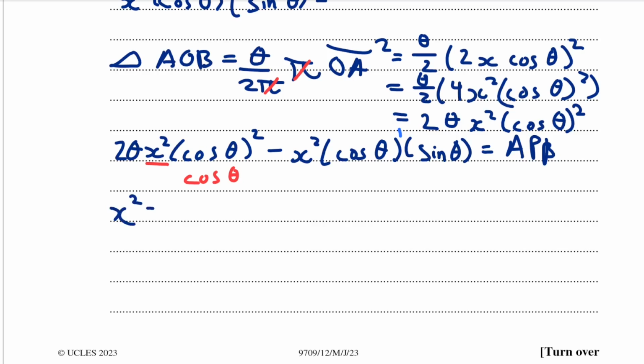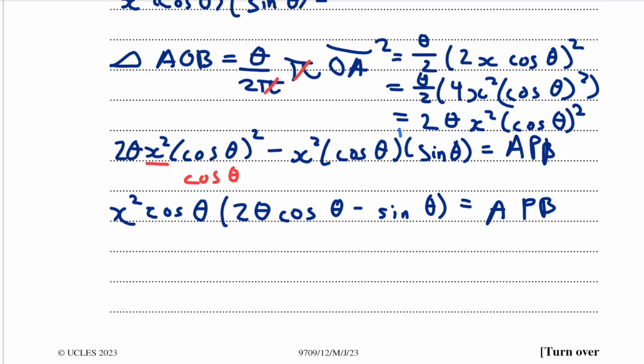I'm going to take the cosine of theta outside, and we're left with 2 theta times the cosine of theta, because that's a squared, minus the sine of theta. And this is as far as we need to go. We don't need to simplify any of this.